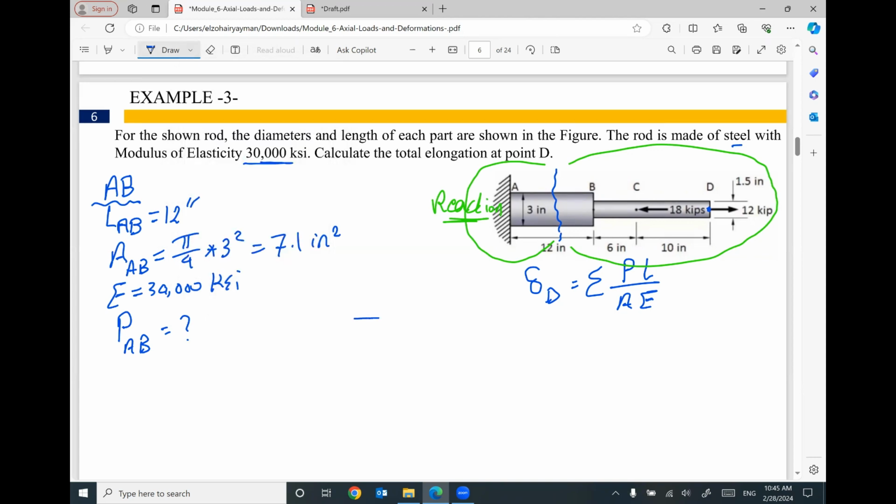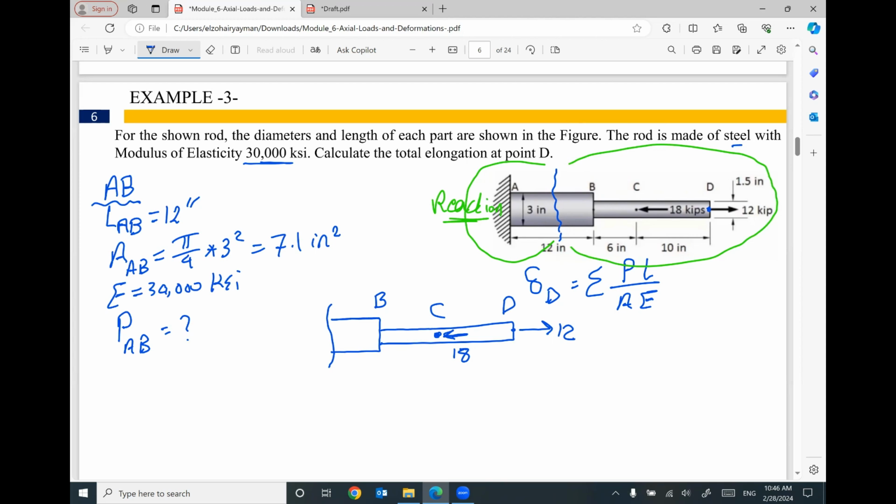If you use the right part, that means we have this cut. Here is point B. At point C, we have a force here, 18. At point D, we have a force here, 12. Nothing else. So I did a cut in part AB. I decided to use the right part of the rod.